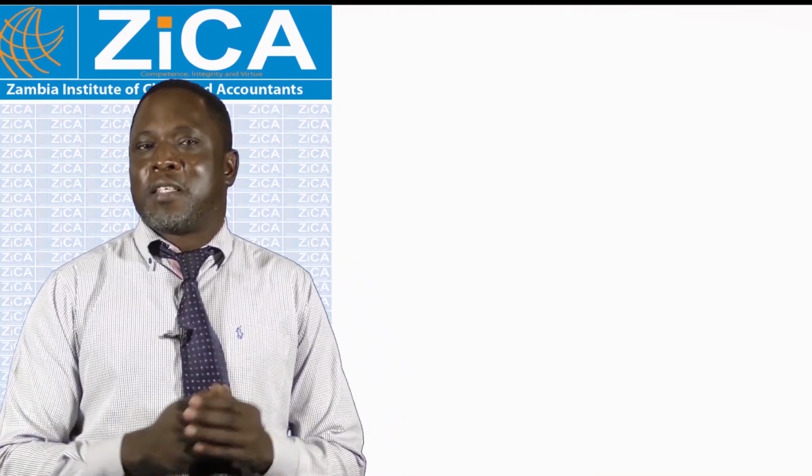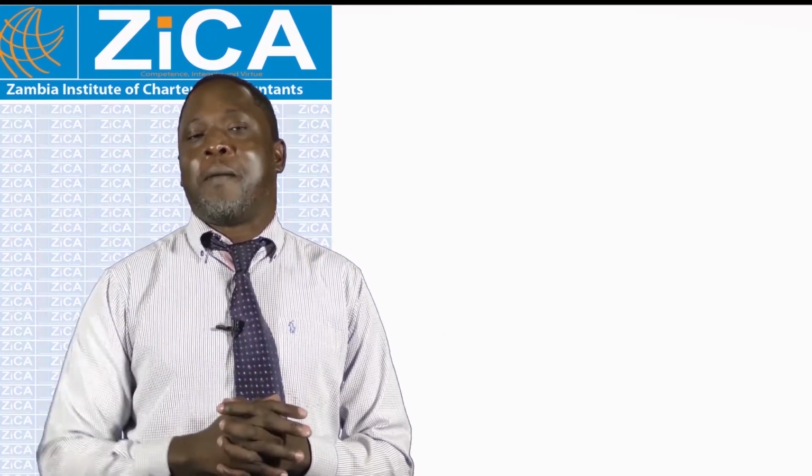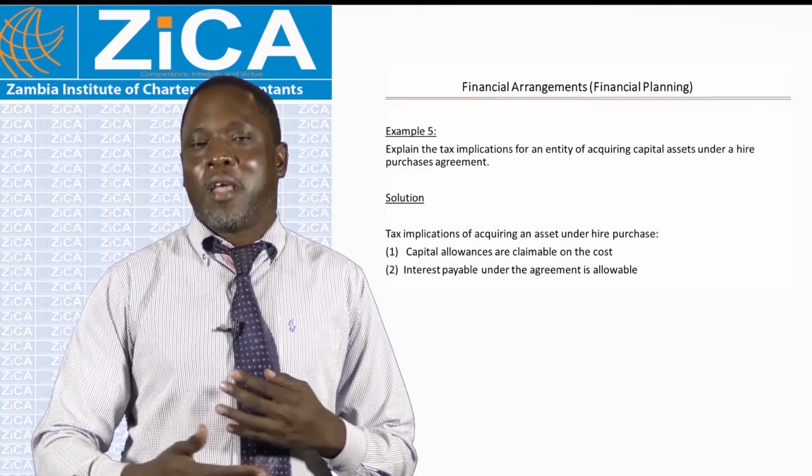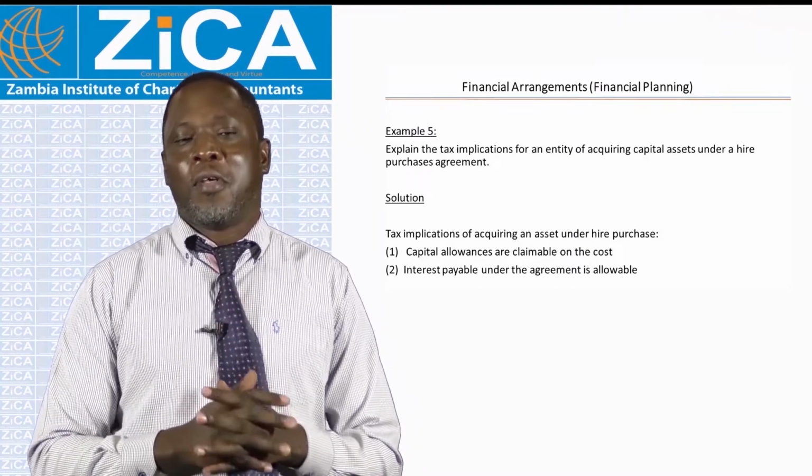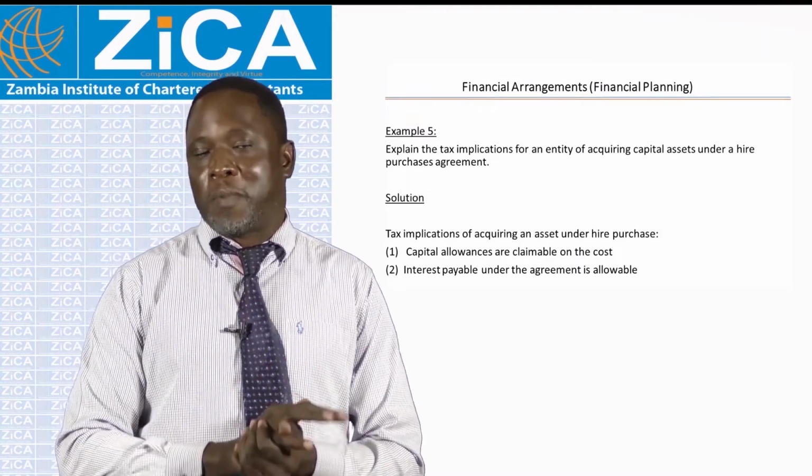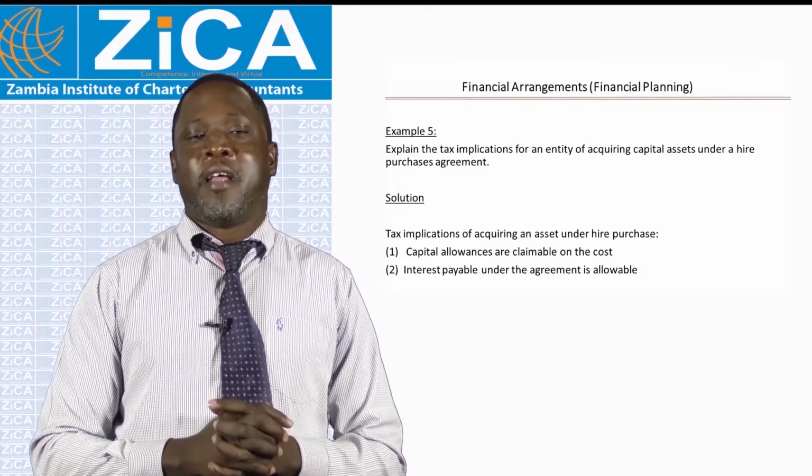Seeing that the performance of students in this particular topic is always poor, we have included a number of examples so that you know how to tackle the types of questions which come on this particular topic. So we have another example.